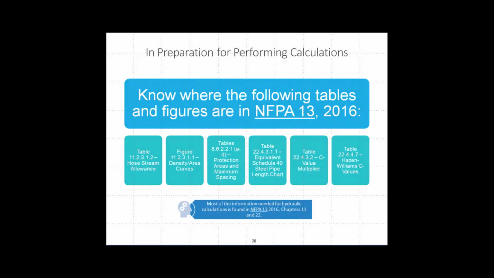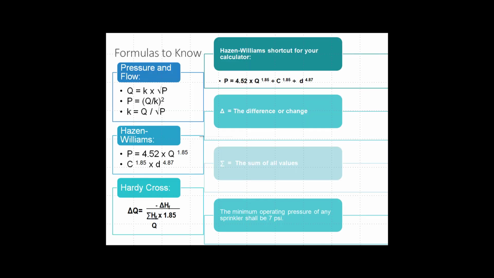In preparation for performing calculations, know where the following tables and figures are in an NFPA 13 2016 edition. You need to know pressure and flow formulas, the Hazen-Williams formula, and the Hardy-Cross formula.